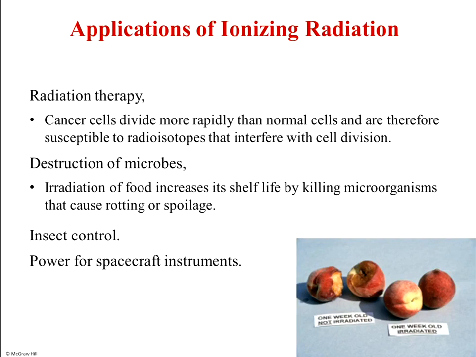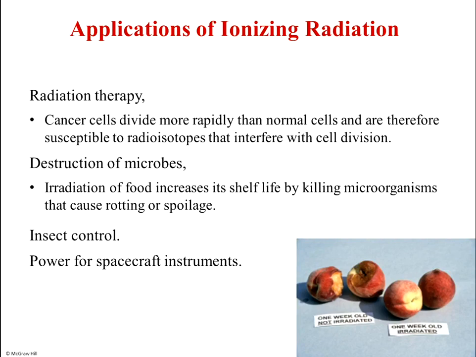Most often, fruits and vegetables are exposed to gamma radiation because that will penetrate the food, having very little effect on the food, but there'll be interaction with the microorganisms and it will cause them to die. So that'll allow the food to stay fresh longer. So in the lower right-hand corner, you see peaches that have been irradiated by gamma radiation, and those that have not. The ones that have been irradiated stay good longer.